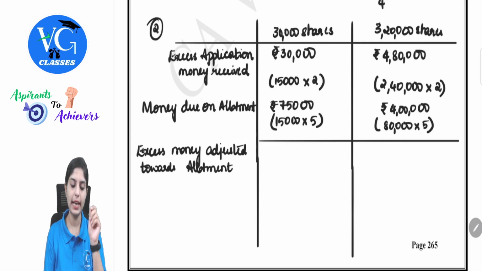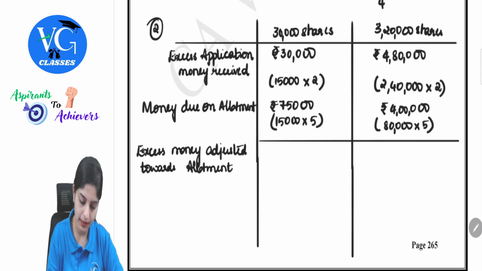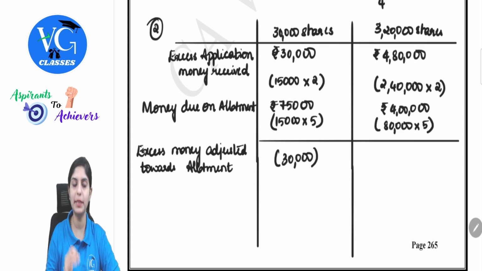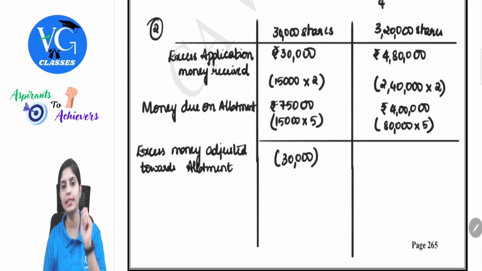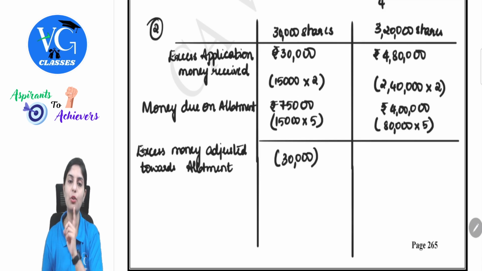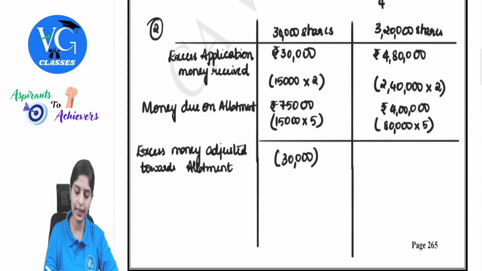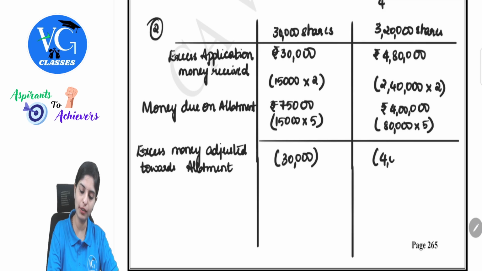How much is the excess money available? 30,000. So I will adjust this completely because allotment money due was 75,000. If I go with the next category, allotment money due is how much? 4 lakh. How much is excess available? 4 lakh 80,000. So can I utilize fully 4 lakh? Yes.